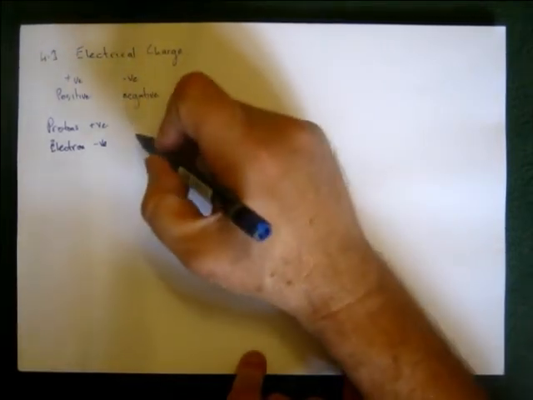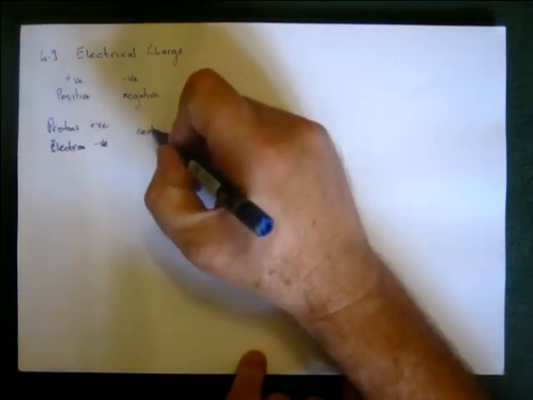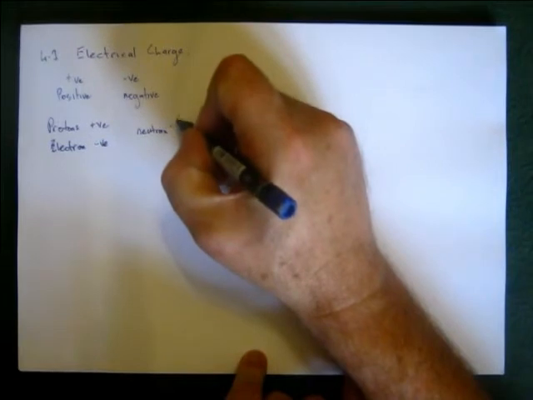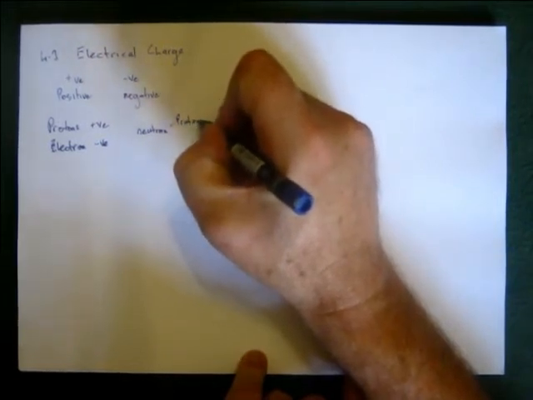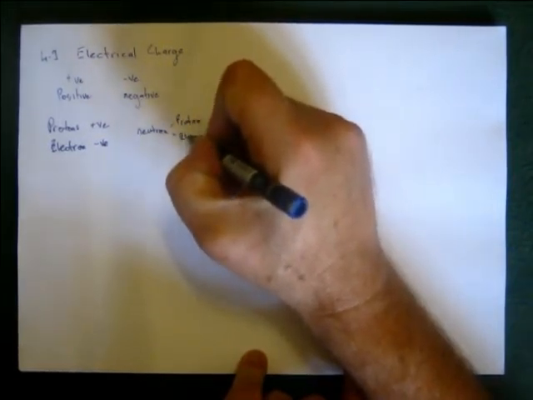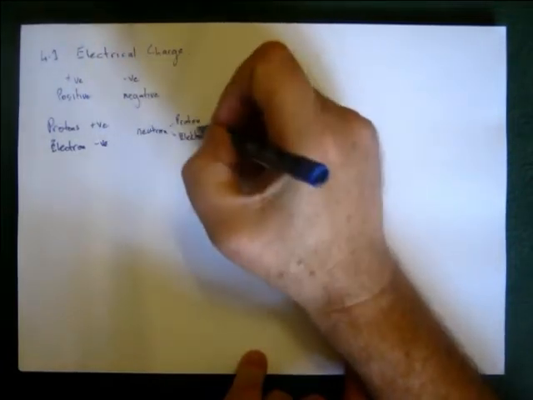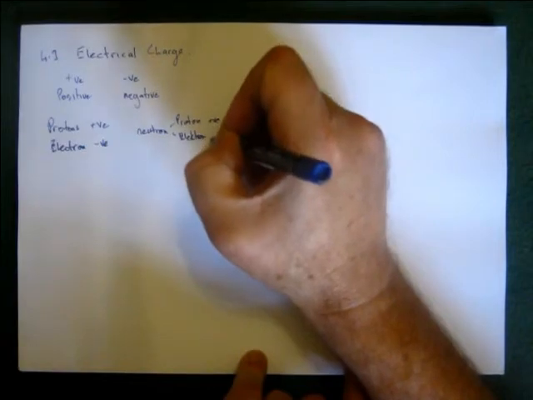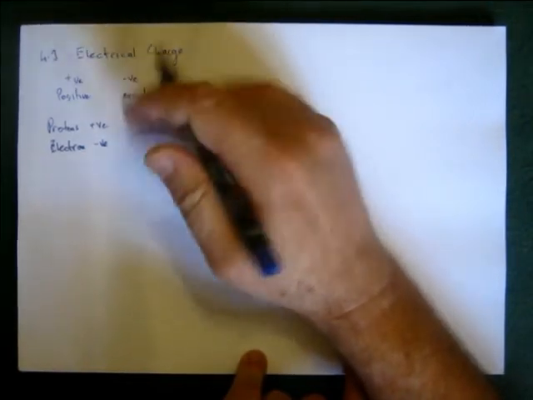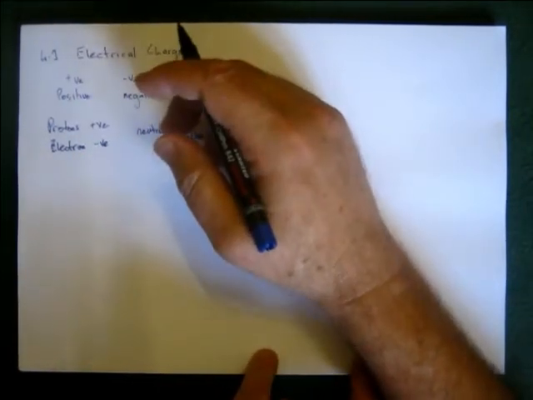The other type of subatomic particle is the neutron, which is made up of a proton and an electron. As you can see, the proton is positive and the electron is negative, so that comes to zero and cancels out.